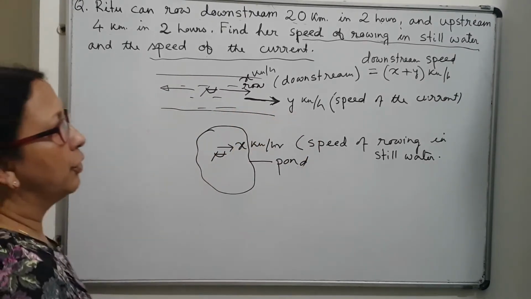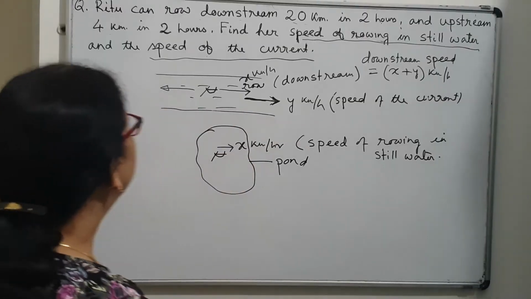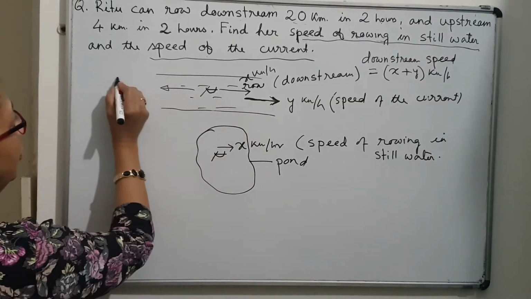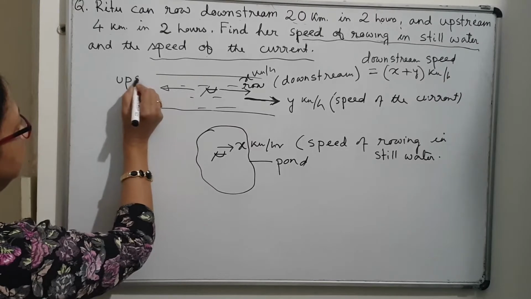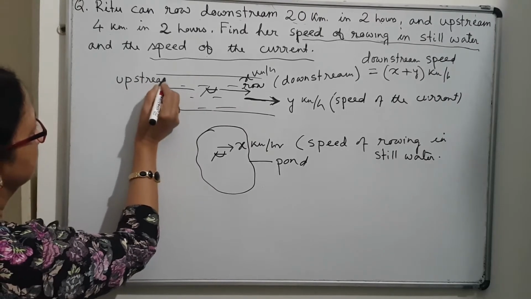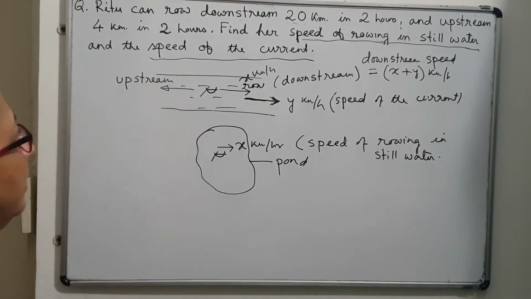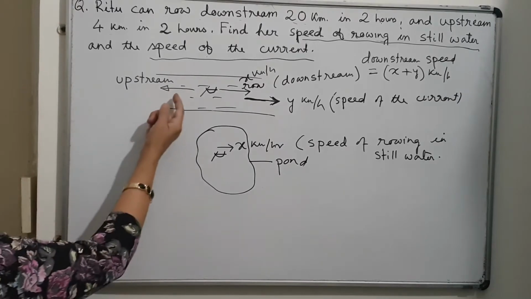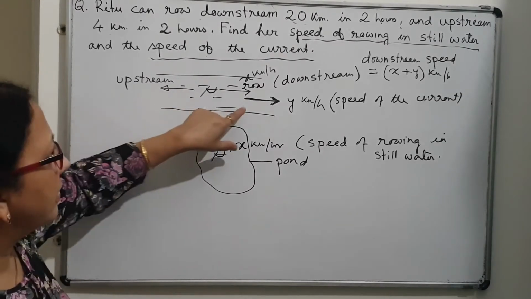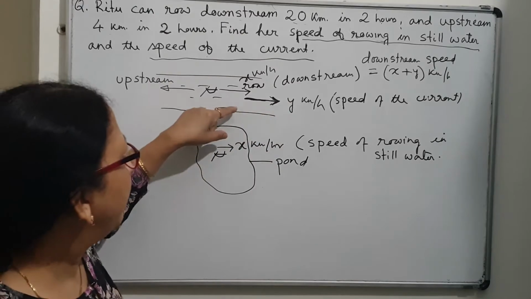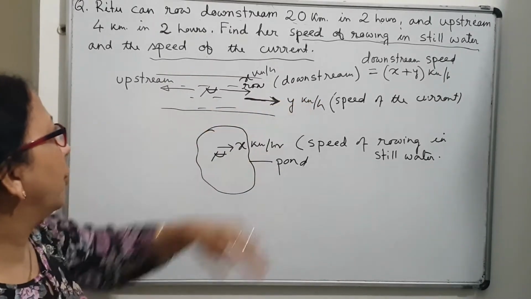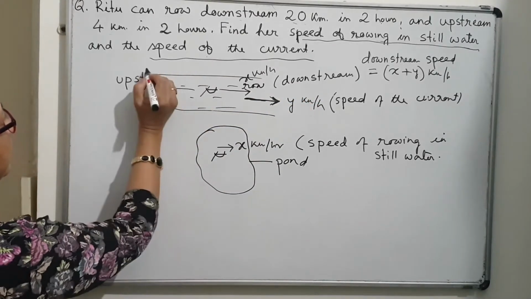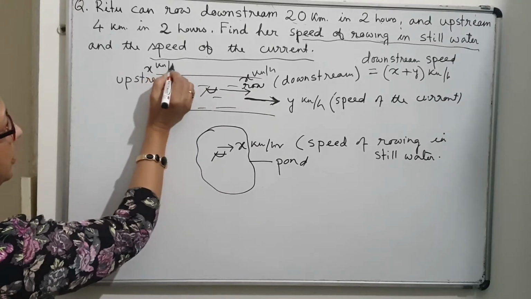Now if the person rows the boat in the opposite direction of the flow of the water in the river, then we say the person is rowing upstream. The speed will be less because he has to overcome the backward drag of the water flow, and the standstill speed is x km per hour.